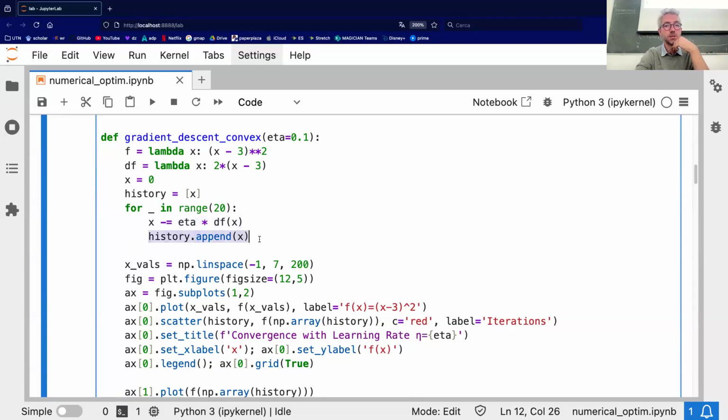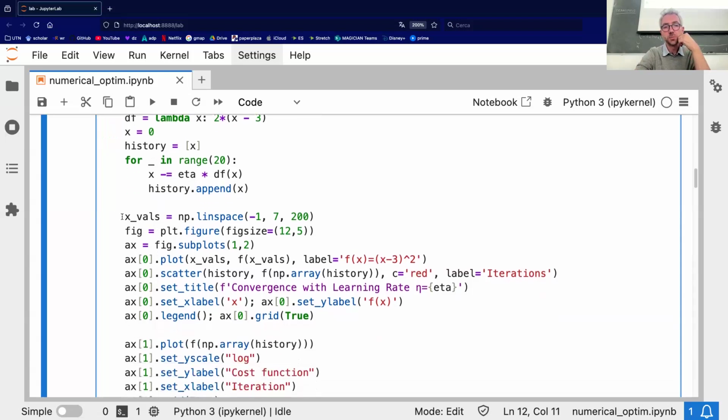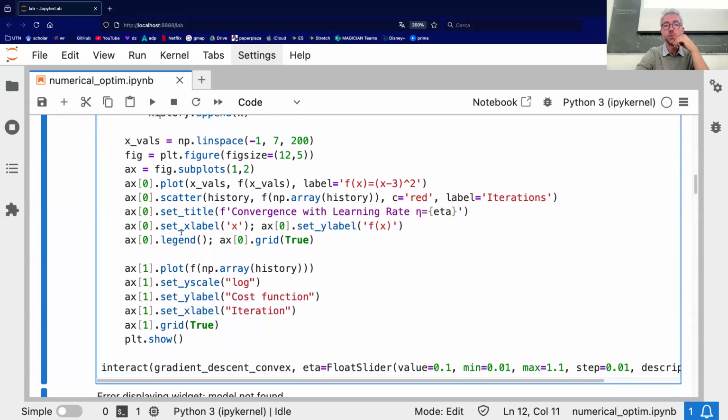And then just for logging, I append the current value of the guess x to this list, which is called history, so that later on I can see all the iterations of the algorithm. And then I just do plots, basically. I plot to see what is going on.